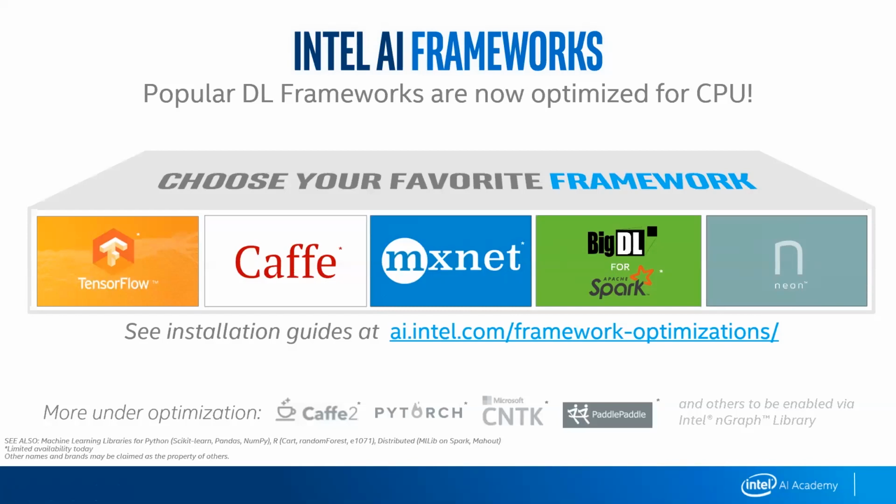You can import your trained TensorFlow models directly into the BigDL and Spark environment and run them. It has a whole bunch of features, so for folks more interested in playing around with the Spark environment, BigDL is a way to go forward. Then of course we do support additional ones like Caffe2, PyTorch, CNTK, Paddle, and things like that.